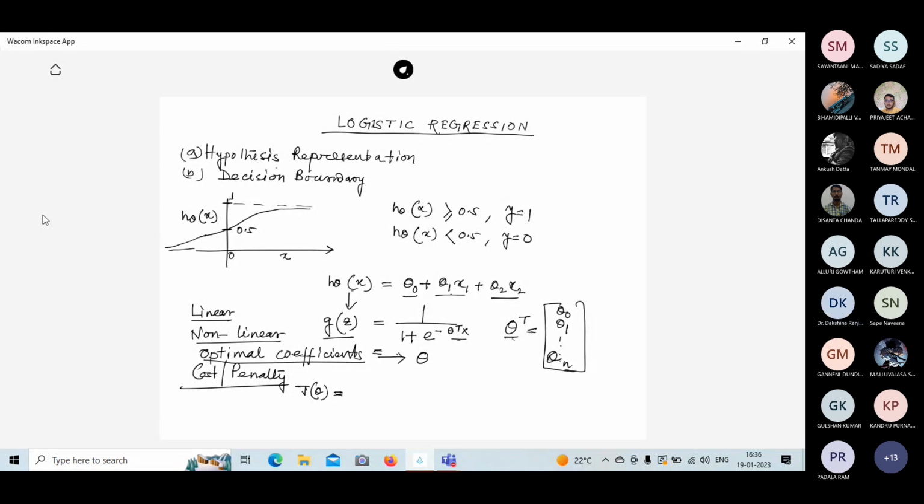So now we try to define the cost function for logistic regression using the cost function which is used for linear regression.